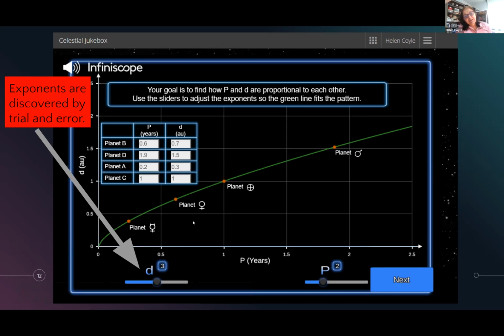So then the kids have the opportunity to change these exponents. And as they're changing the exponents, they can visually see which of these curves matches best. It's like a beginner's way of finding the best curve fit of your data.